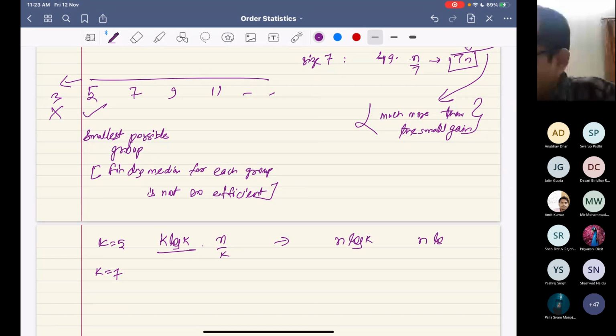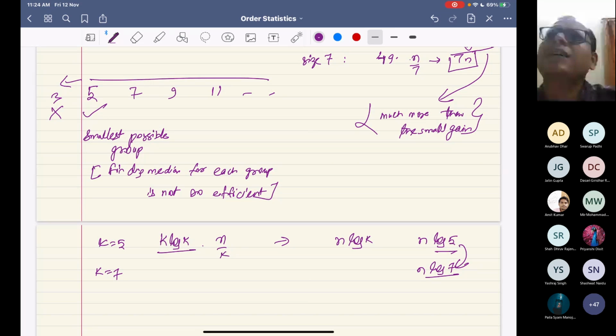That is n log 5, and here you get n log 7. But logarithmic, that increase is not much. So how do you know the other part is giving you more? Okay, so the other part is also not giving you much. You are going from log 5 to log 7 and multiplying by that constant.